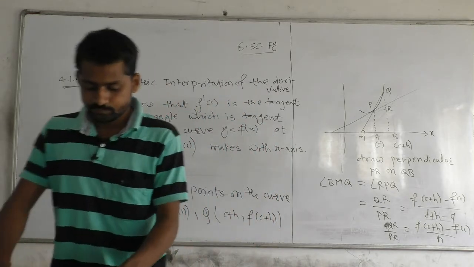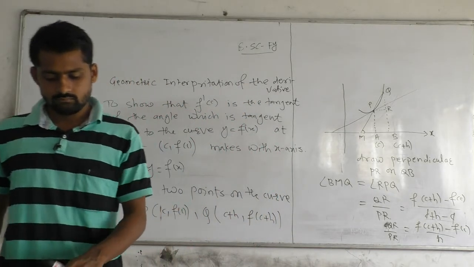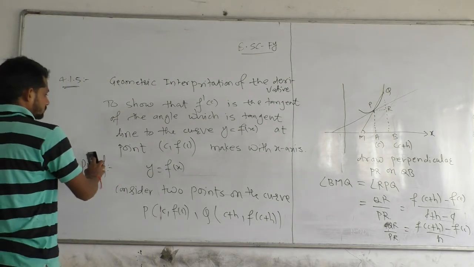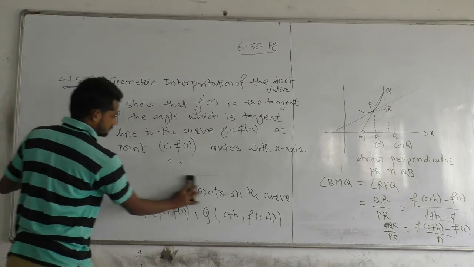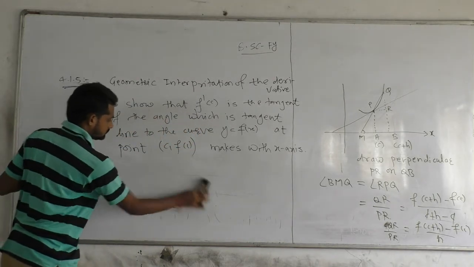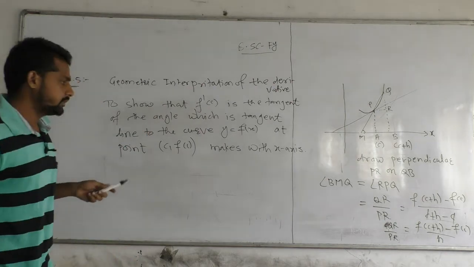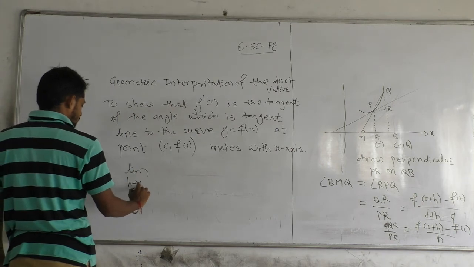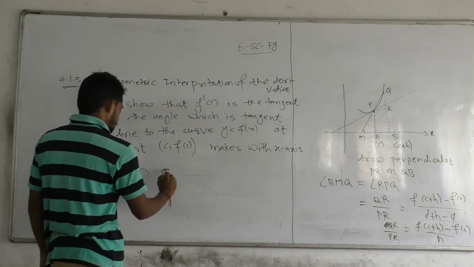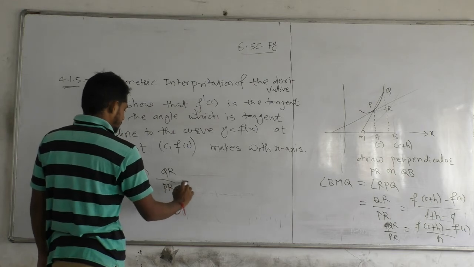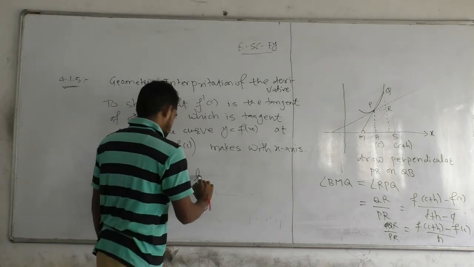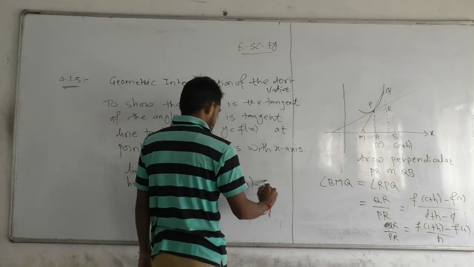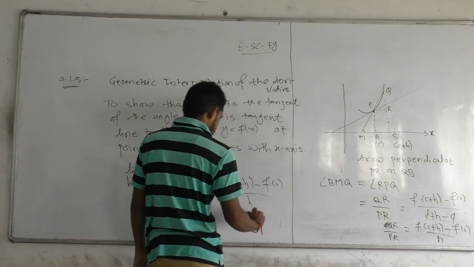Now taking limits on both sides, limit h tending to 0 of QR divided by PR is equal to limit h tending to 0 of f of c plus h minus f of c divided by h.